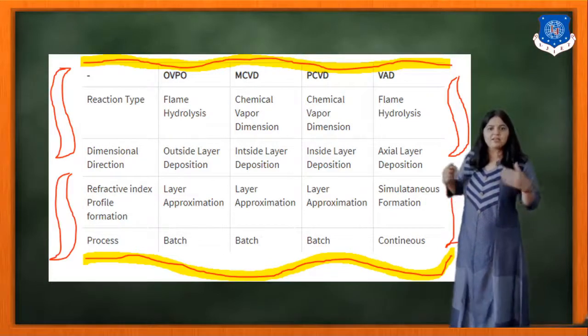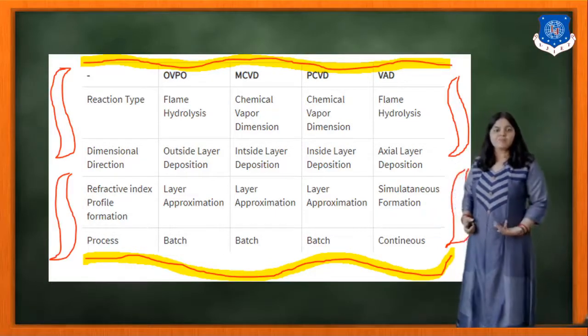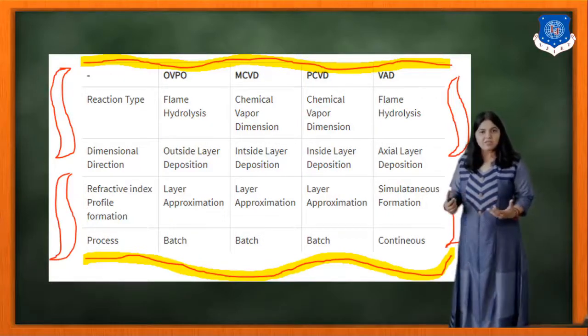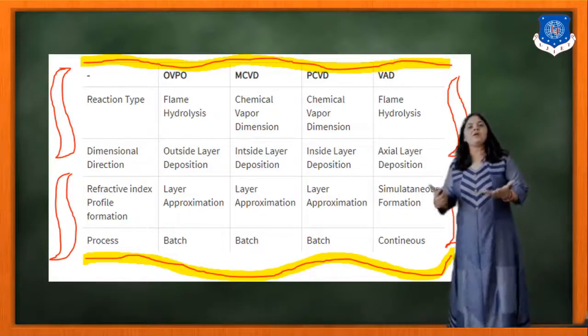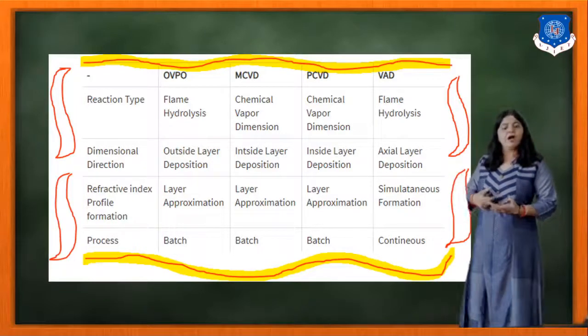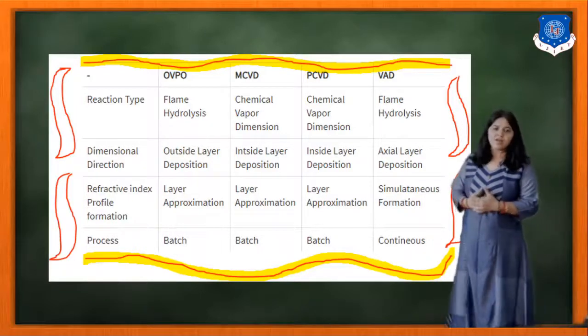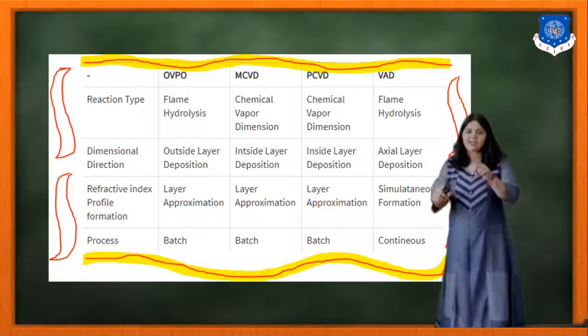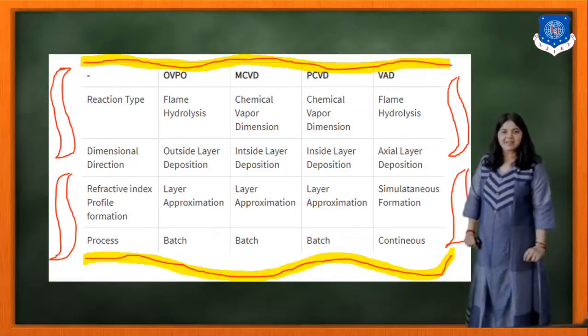So first of all, the reaction type. Okay, OVPO method, flame hydrolysis. MCVD, chemical vapor deposition. PCVD, again chemical vapor deposition, and VAD, flame hydrolysis. OVPO and VAD are both in the same category.